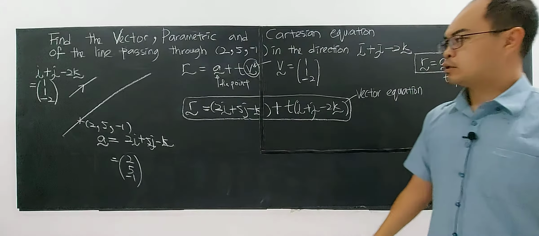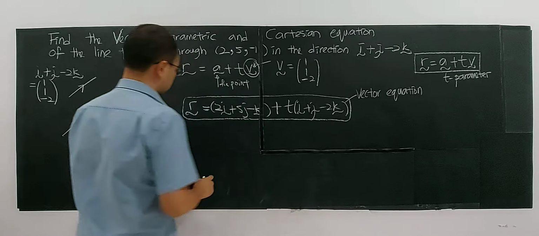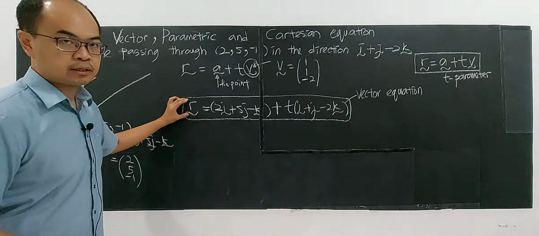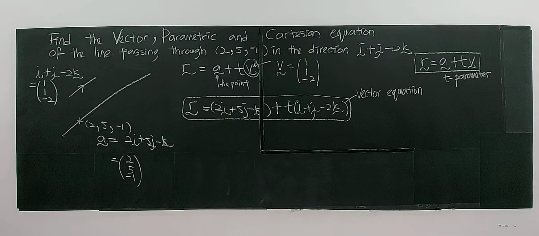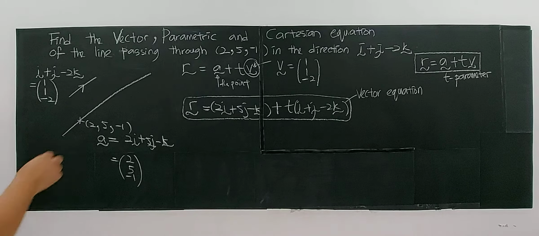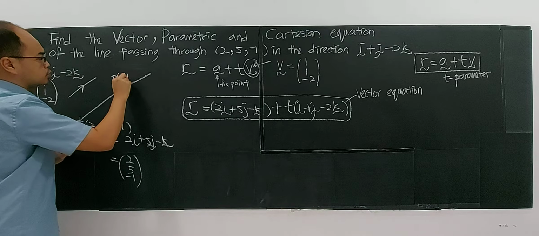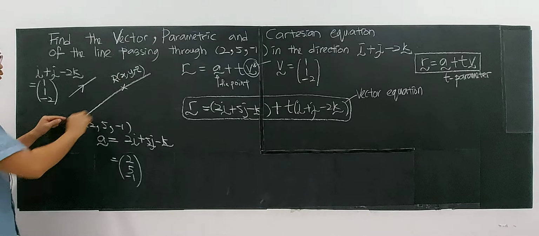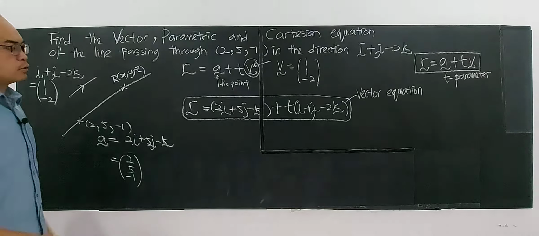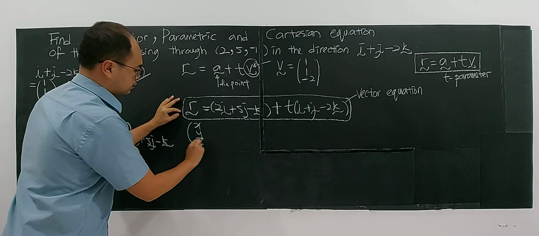All in vector form. I can also rewrite this in parametric form. The r here, as seen in my derivation just now, can be any point on the line. It's the position vector for any point on the straight line, so I can rewrite r as x, y, z.